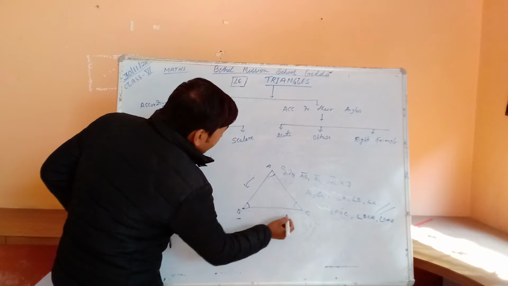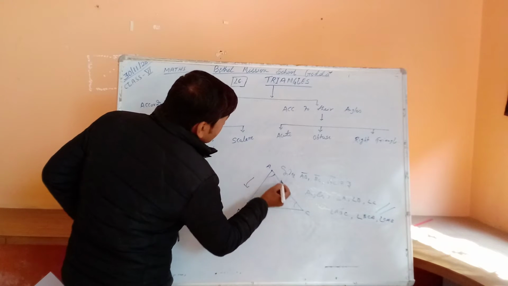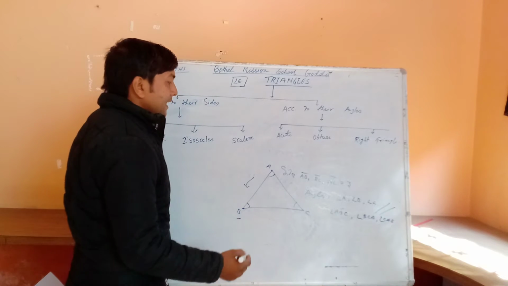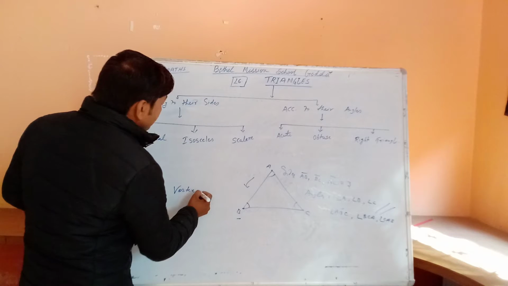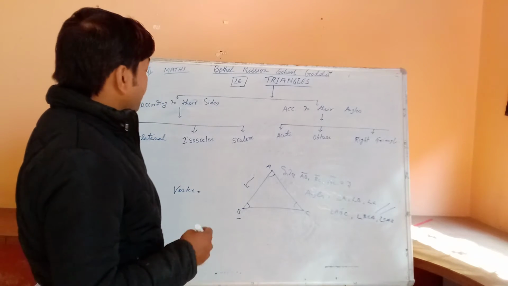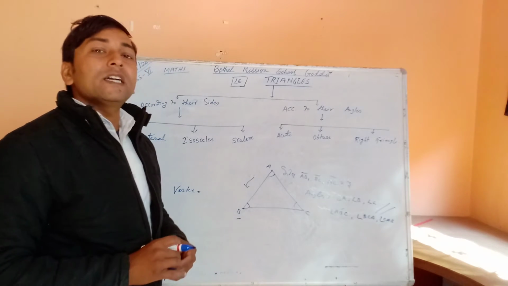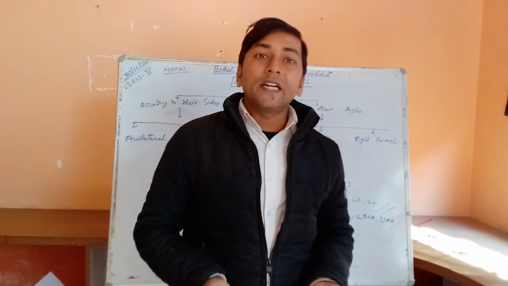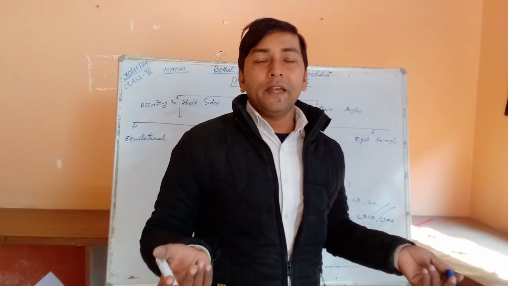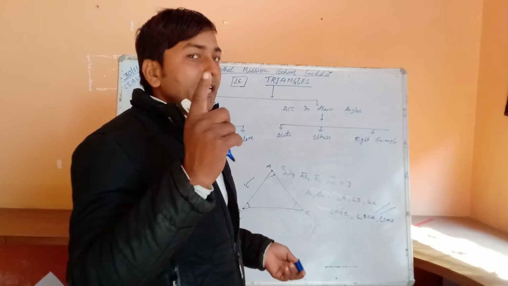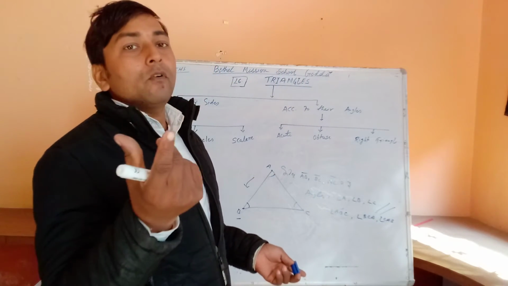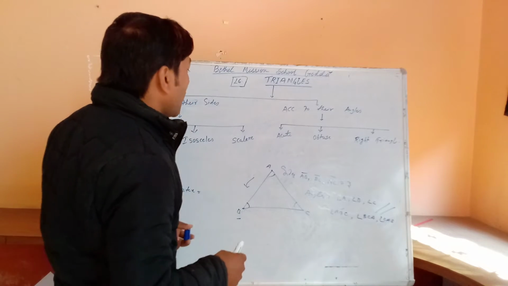Now, where 2 sides meet is known as a vertex. That is called a vertex. The plural form of vertex is vertices. Repeat after me: vertices. Vertex is singular and the plural form is vertices.